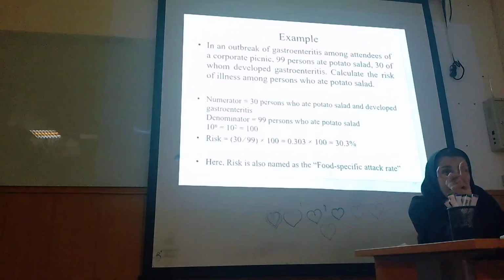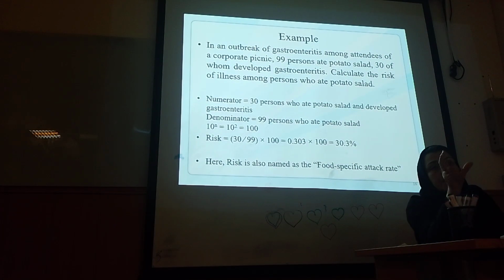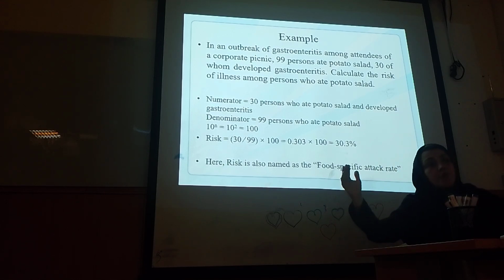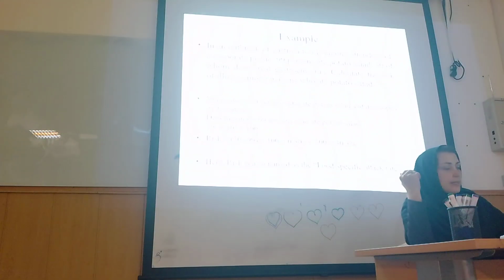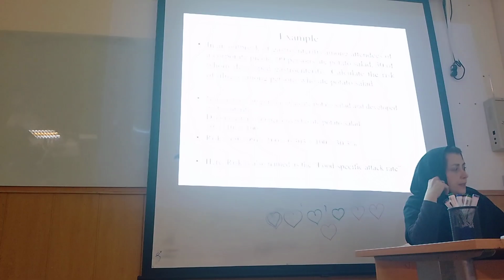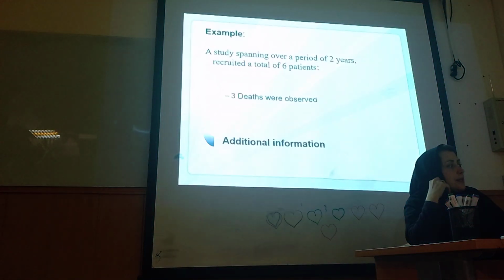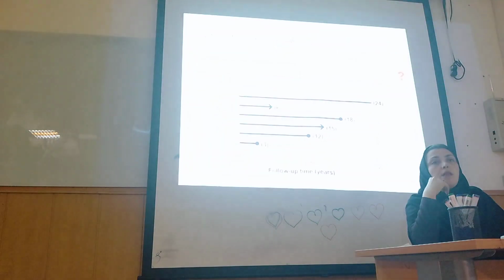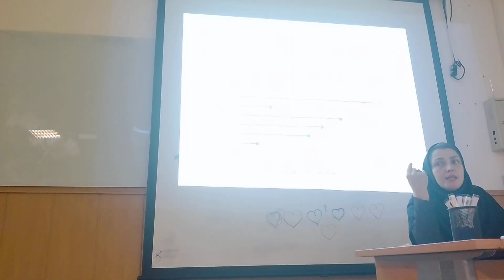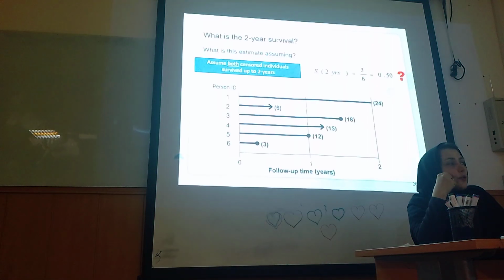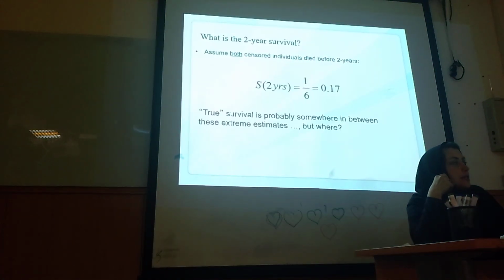Corporate picnic, during the picnic, for example, 2 hours. Sometimes time is short, sometimes, for example, a year, sometimes 10 years. But when we have loss to follow, we will use incidence density or person time incidence. Okay? Is it clear?